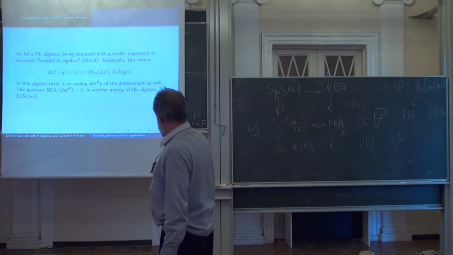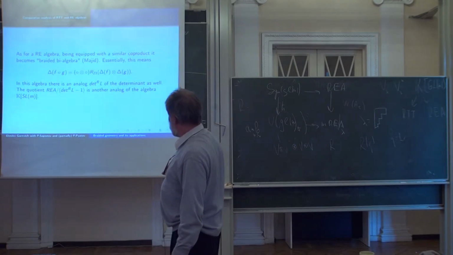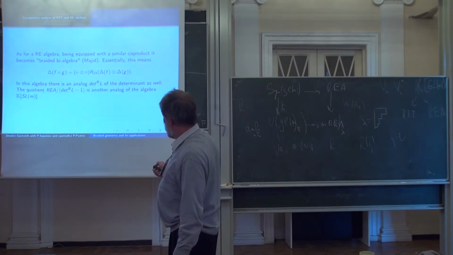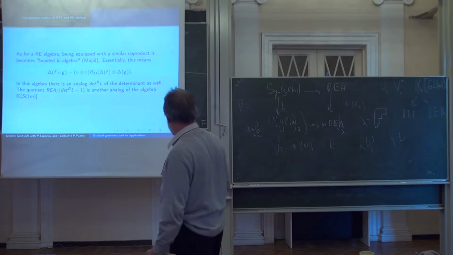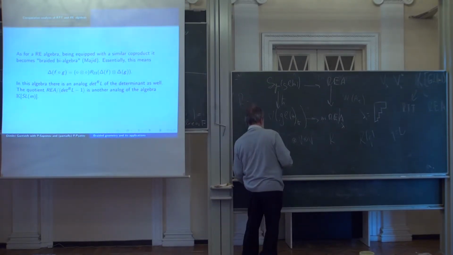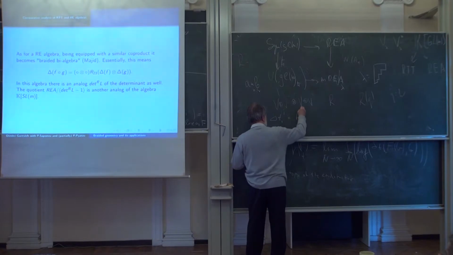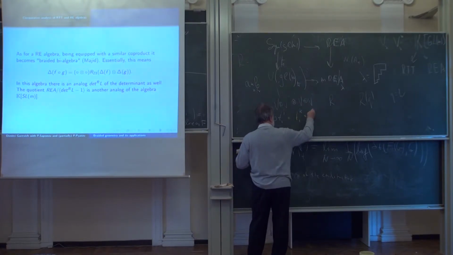And in the reflection equation algebra, the coproduct exists as well, but here we have a braided bi-algebra. This structure was discovered by Majid. You see, on the generator, the coproduct is the same. The coproduct applied to a generator of the RTT algebra is as follows.